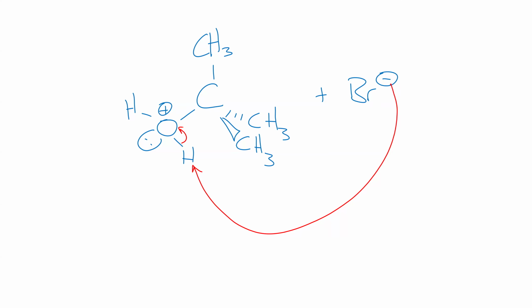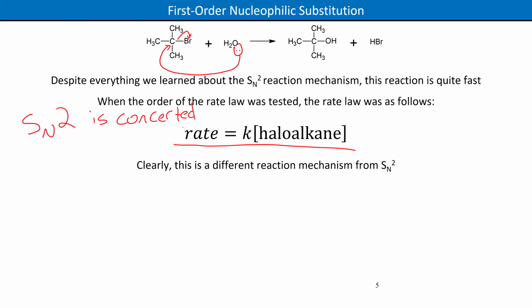Alright, so what I mean by if you know where you're going, it's easier to get there. If you know what the product is, sometimes it's easier to see what you need to do. So our intermediate looked like this, and then the rest of the CH3s.